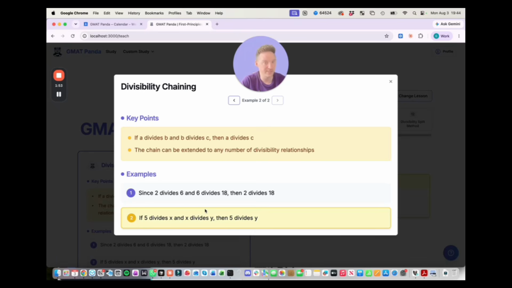So as an example, in a question in the test, you could have an x and a y, which you don't know exactly what they are, but you do know that 5 divides x, and you know that x divides y. In that case, you can use this chaining property or trick to say that the first one divides the last one, so that 5 divides y.